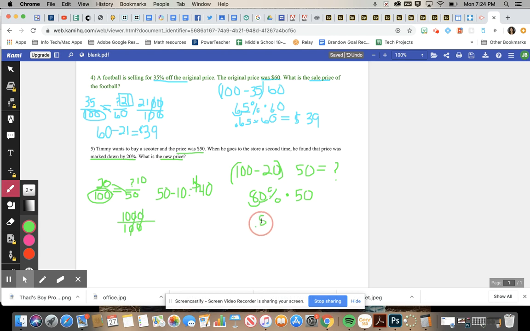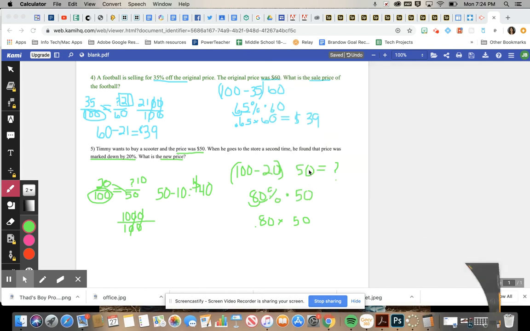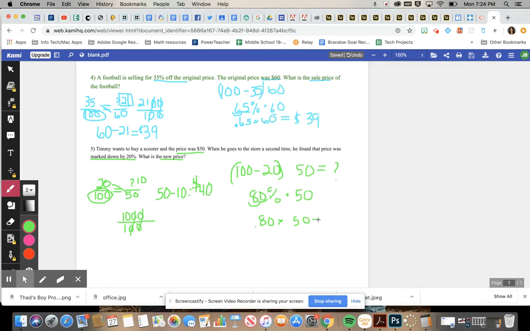It's 0.8. I'm going to take that times the 50 to find the sale. So 0.8 times 50 should give me $40, and it does. So equals $40.